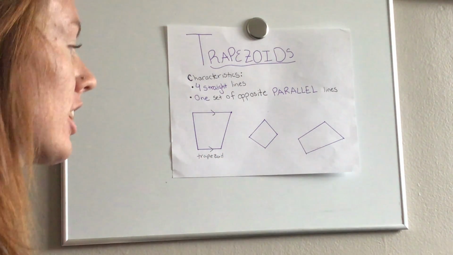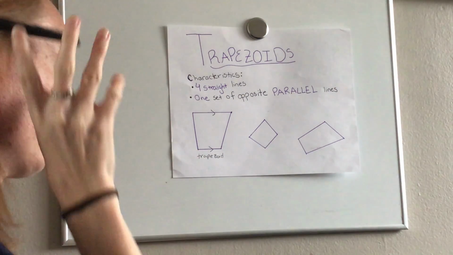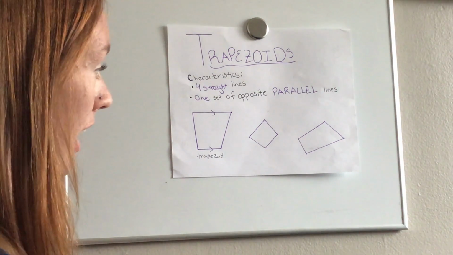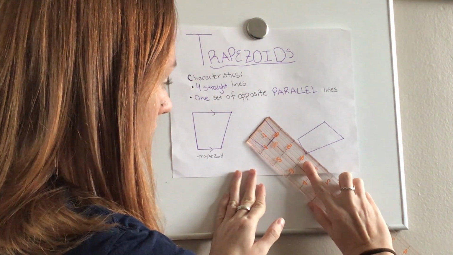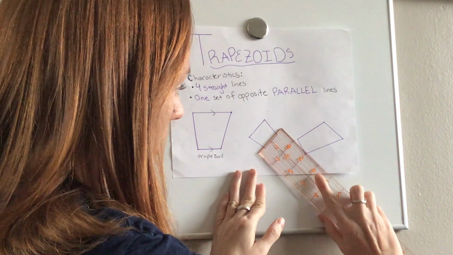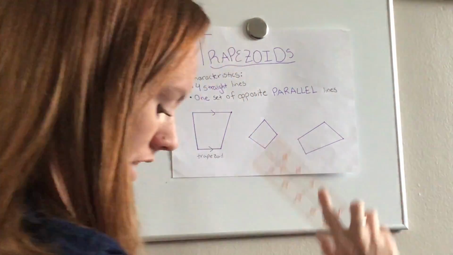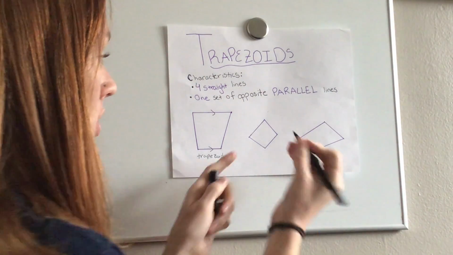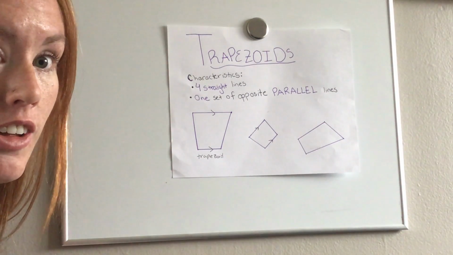Okay, let's check our next shape. On our next shape, we have this line right here, and I need to check if it's parallel with the bottom line. Oh, it is. They line up, they match. So I know this line and this line are parallel.